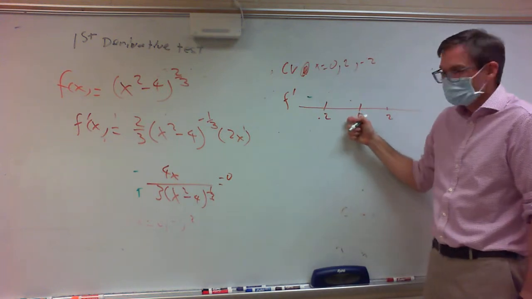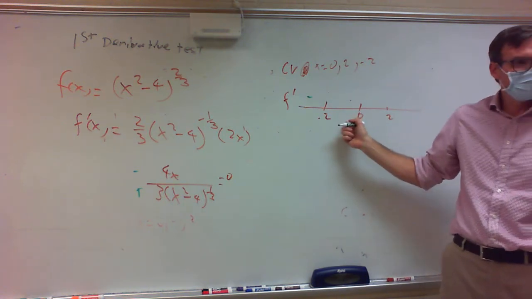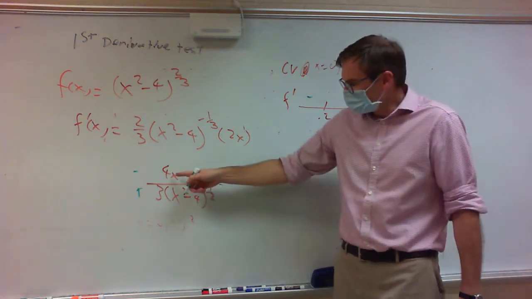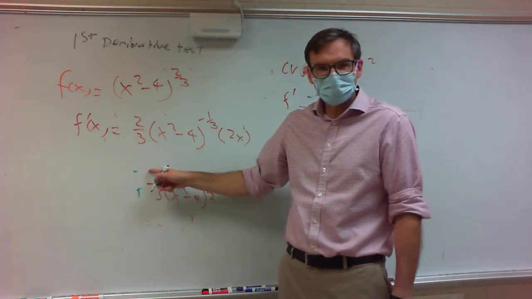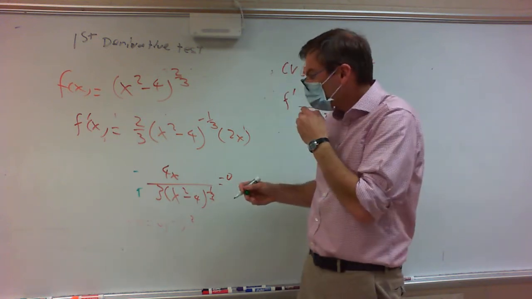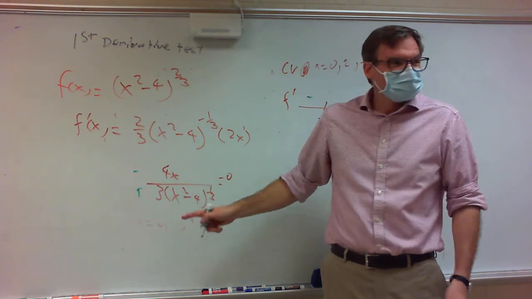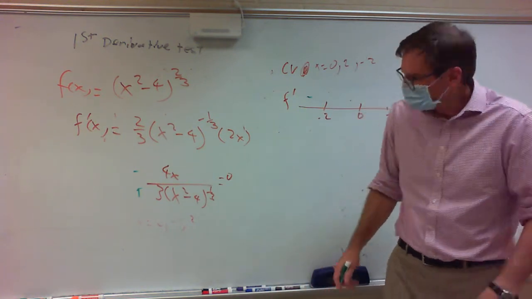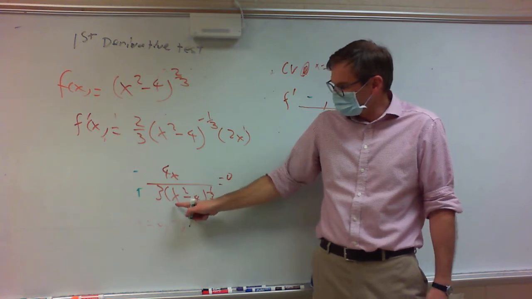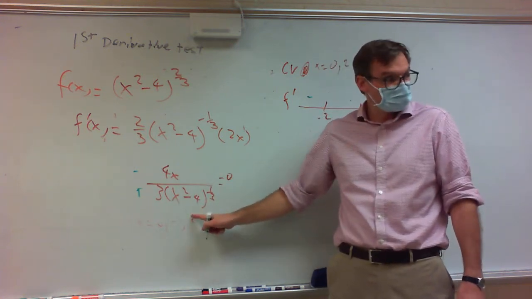Next, between -2 and 0, probably pick -1. 4 times negative 1 is negative. The top's negative, and negative 1 squared minus 4 is negative, and the cube root of a negative is still negative.